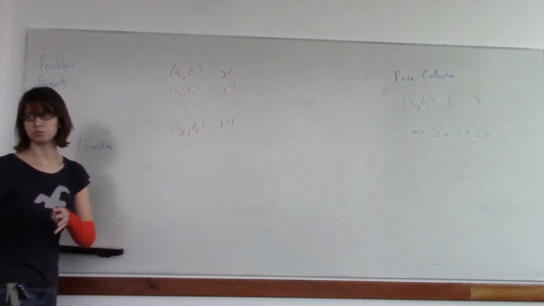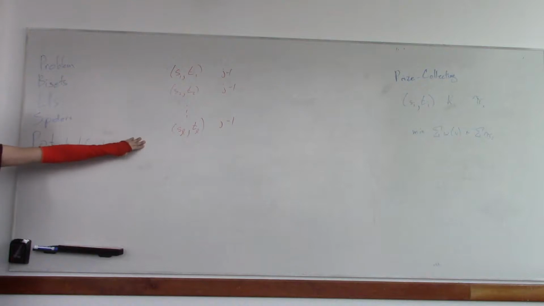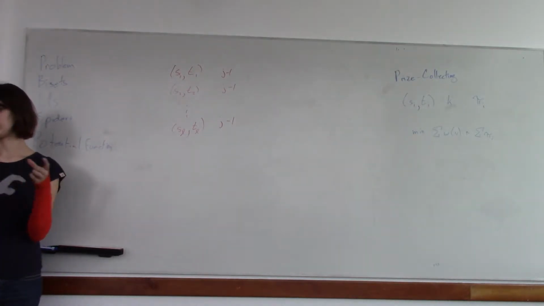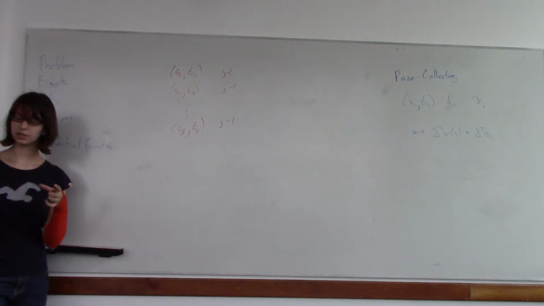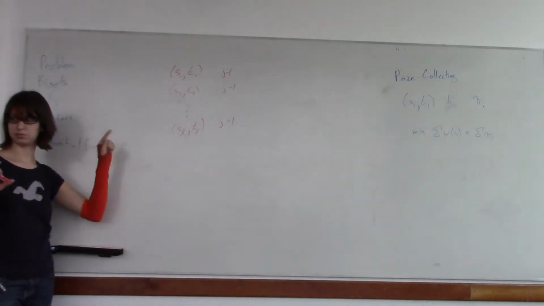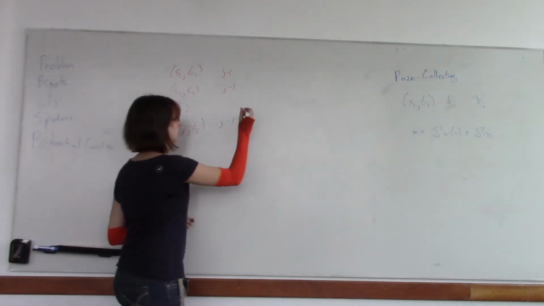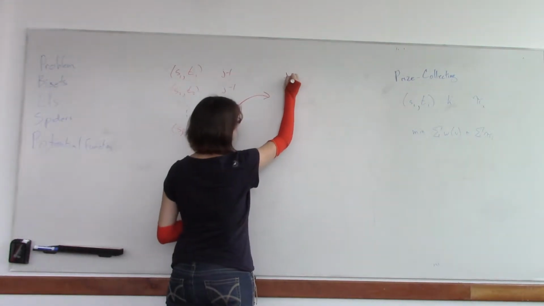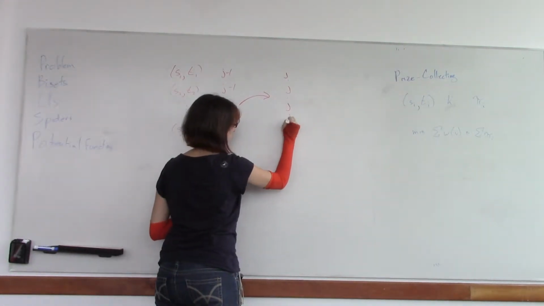But the augmentation problem will say, all right, I have these pairs, and I've already put some weights on. And the weights I put on mean I have j minus 1 paths between this pair, this pair, this pair, this pair. Now I just want to augment so that they all have j paths between them.